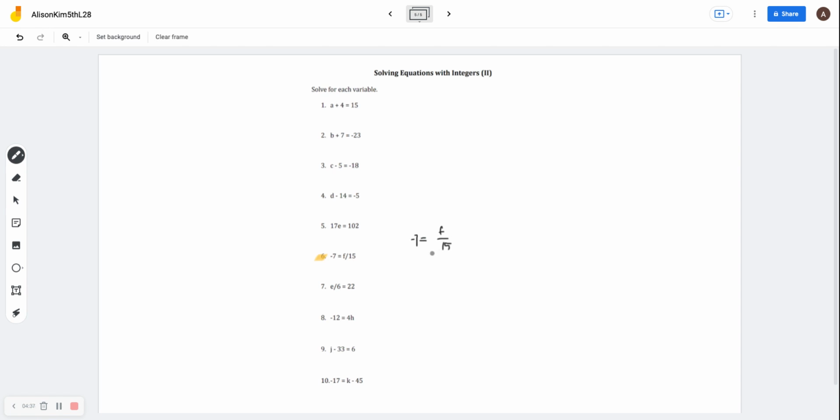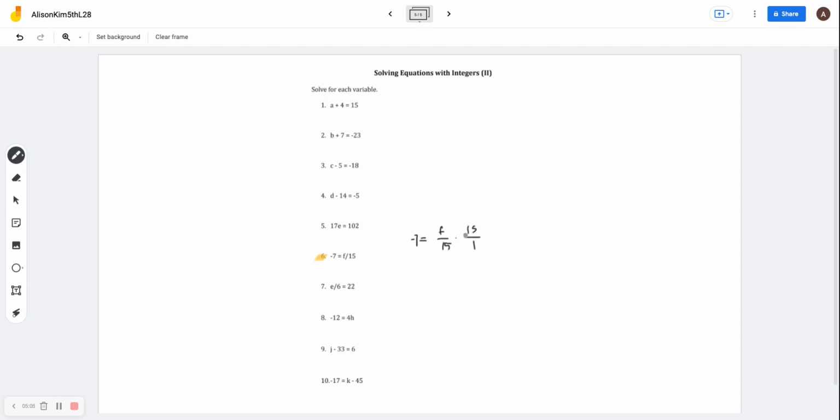Now, we want f to be alone. And the only way we can do that, we can't subtract or add a number to the other side. And we're given a fraction, which means that it's dividing, right? So f is being divided by 15. And the only way to reverse that or get f alone is by multiplying f over 15 by 15 over 1, which is the same thing as just 15.